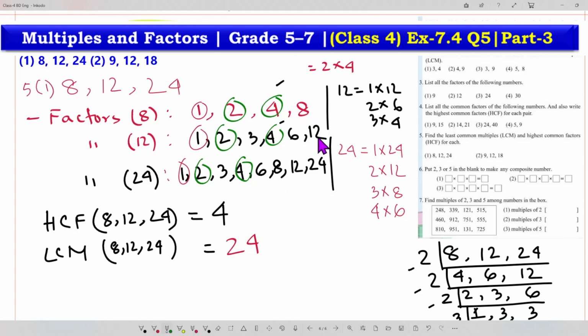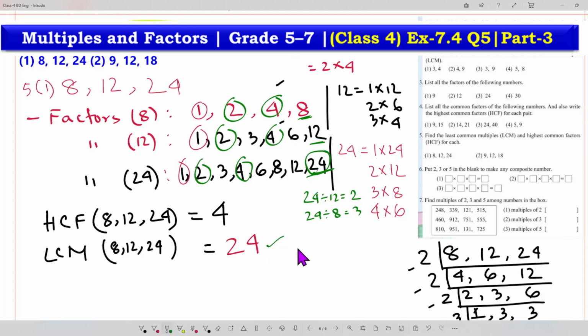And here is 12, here is 12, here is 24. So this 24 can be divided by 12 and 8. From all the factors, the highest number is 24, and we can divide 24 by 12, which is 2, and also by 8, which is 3. So this 24 is our LCM, right?